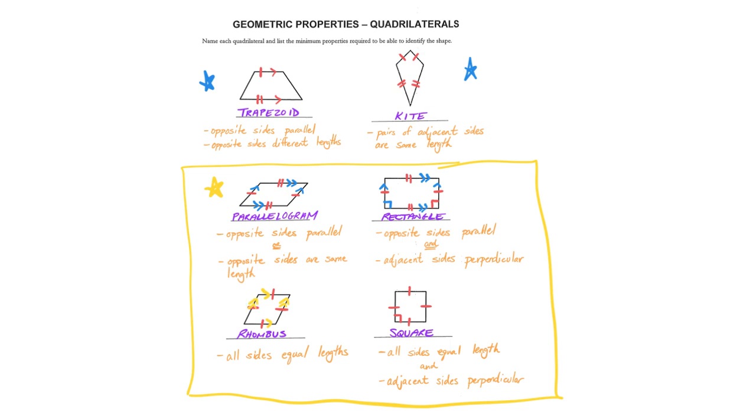It just happens to be a special one. A square is also a parallelogram because its opposite sides are parallel. It just goes further and has four equal sides and a right angle in there. So those bottom four are where we really get into the poodles and dogs argument. That's where we're going to spend a lot of our time this unit.